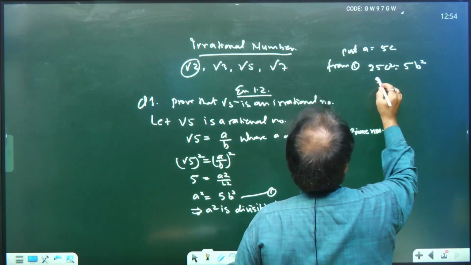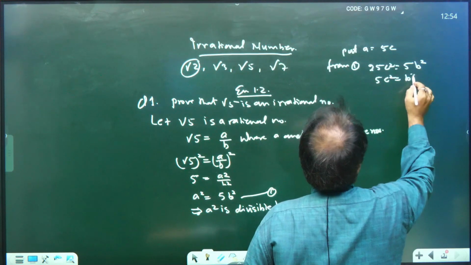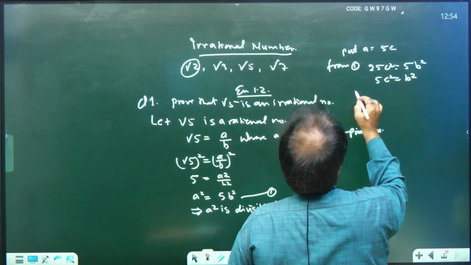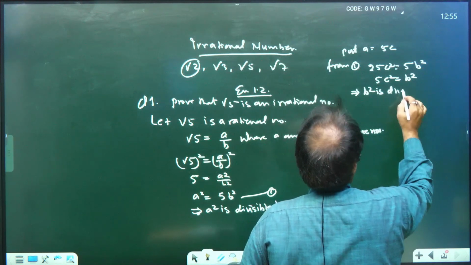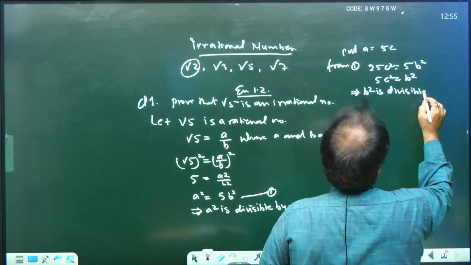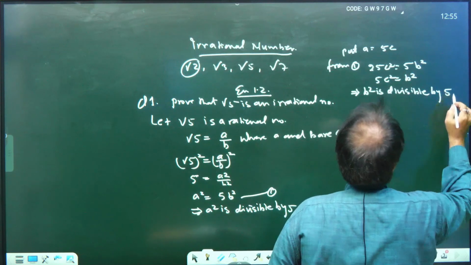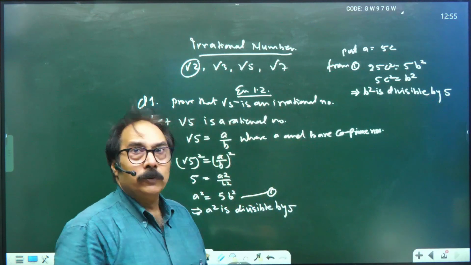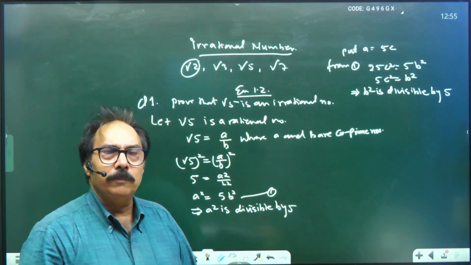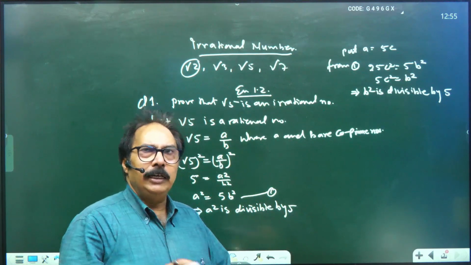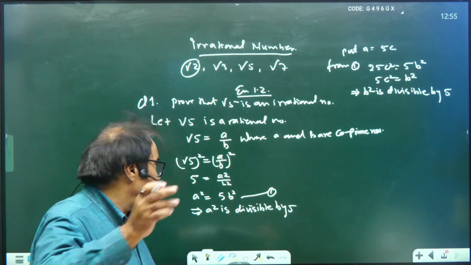So after the cancellation, 5c square is equal to b square. So this implies that b square is divisible by 5. Okay, a square is also divisible by 5, b square is also divisible by 5. It means a and b are also divisible by 5.